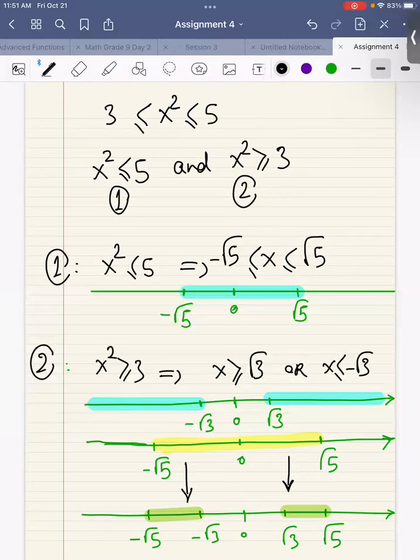Okay, so that means x is either between negative root 5 and negative root 3, or x is between root 5 and root 3.